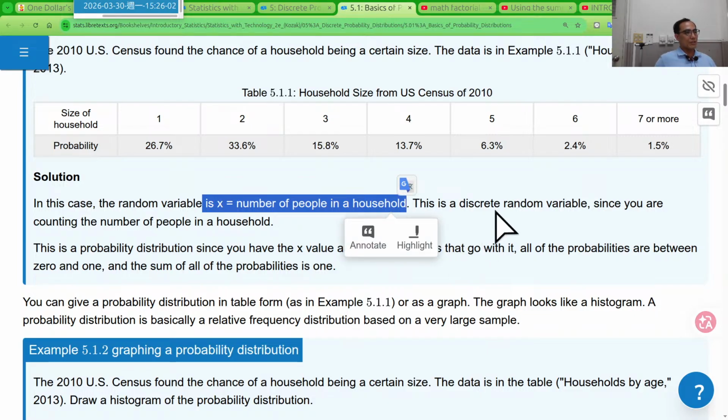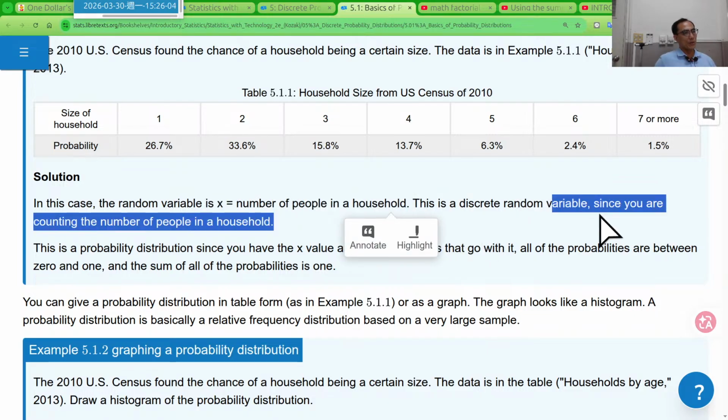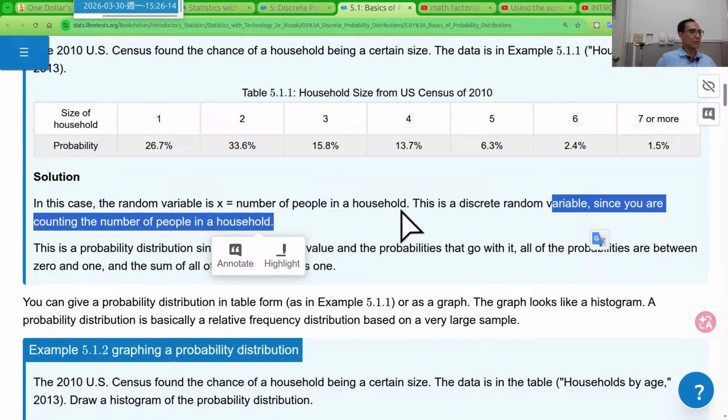This is a discrete random variable. It's impossible to have 2.597 people in your home. No, only 1, 2, 3, 4. Thus, we can think of it as a discrete variable.